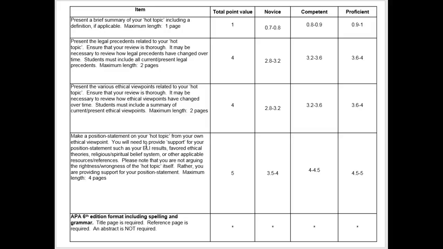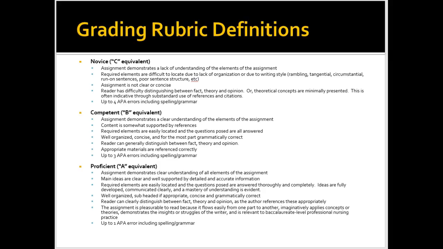And when you use your APA book and you determine how you're going to set up your headings, this is kind of a no-brainer. So for this assignment, I would organize my paper into 4 sections under these specific headings, if that's helpful. Okay, so let me then further define this novice, competent, and proficient category.